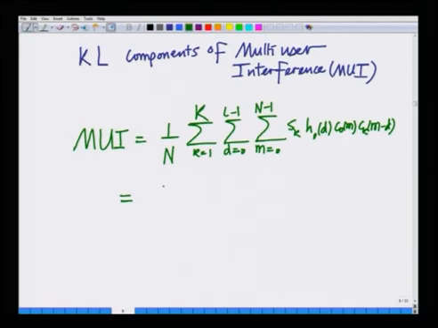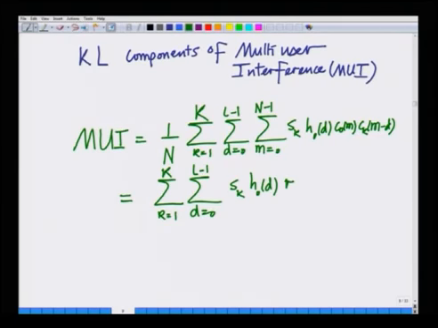This can be written as summation over all users k equals 1 to capital K, summation over all paths d equals 0 to L minus 1. I will move this 1 over n inside, and this is nothing but Sk h 0 of d, and the sum of c 0 m ck m minus d over m is nothing but the cross correlation between the code sequences of user 0 and user k.